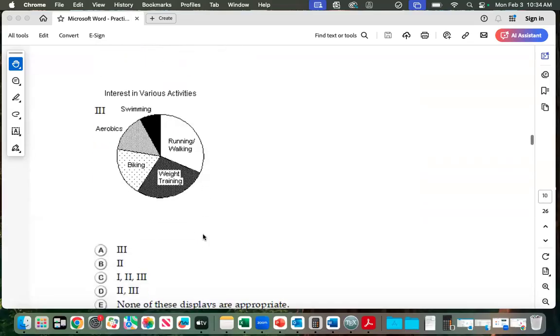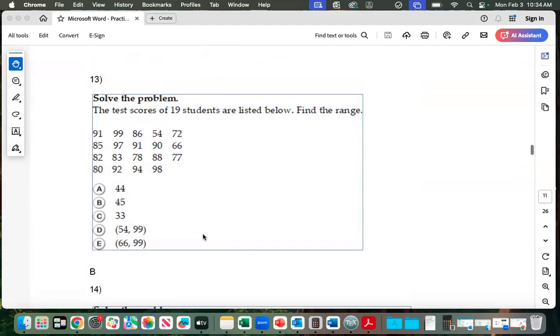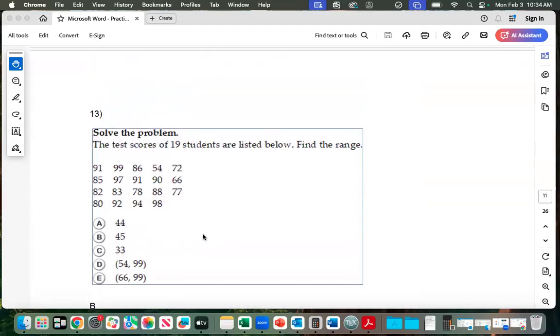So the next one, we are given this. We are asked to find the range. How do you find the range? Maximum minus minimum. So when you get to this, I prefer to do it by hand than to go input all this into StatCrunch. What is the maximum number here? 99. Okay. What is the lowest number? 54.